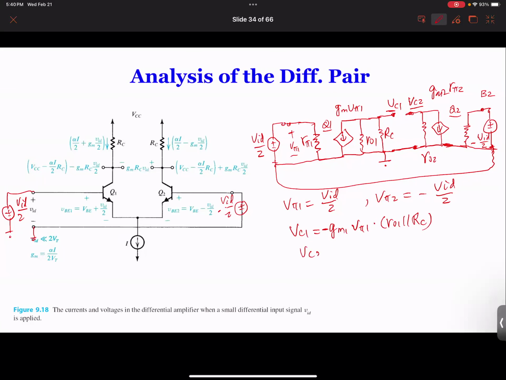And VC2 is equal to minus gm2 vπ2 times ro2 in parallel with RC. And how much is VO? VO is the difference between VC2 and VC1. So now you plug all this in and you'll get the equation. But if we want to simplify this one, we need to make some assumptions.